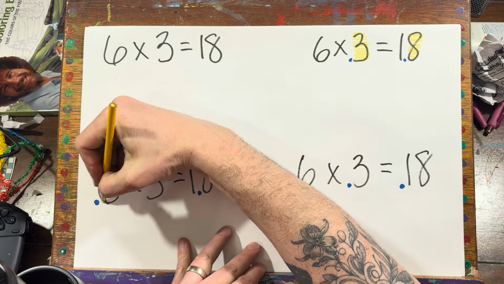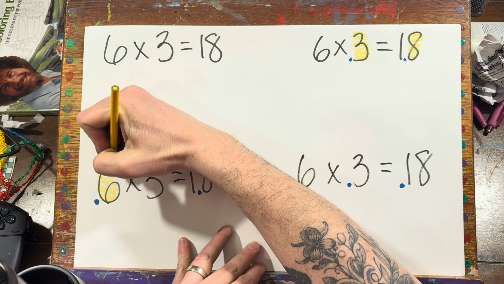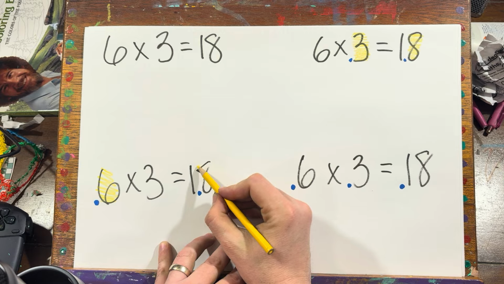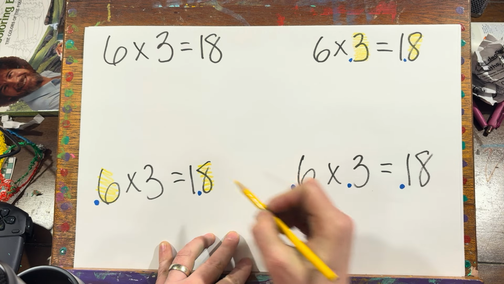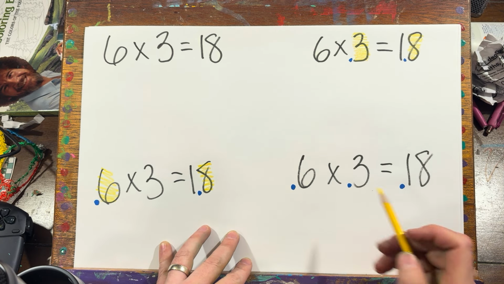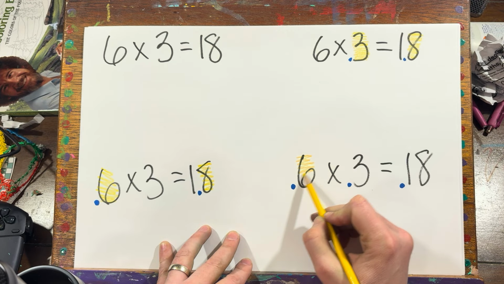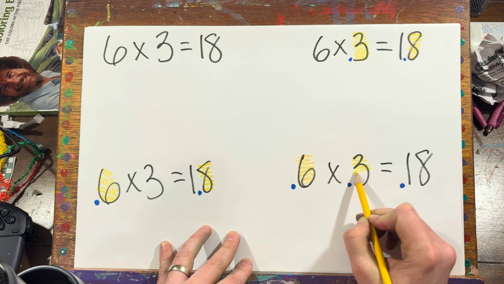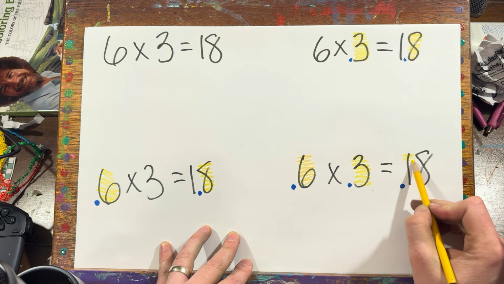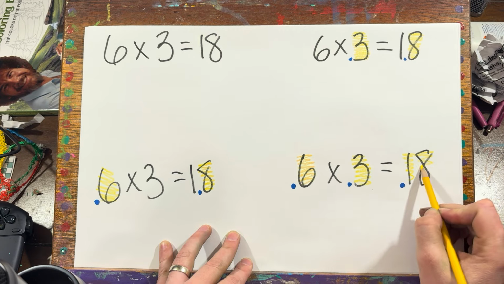When I did 6/10 times 3, I got 1 8/10. And when I did 6/10 times 3/10, I got 18 hundredths.